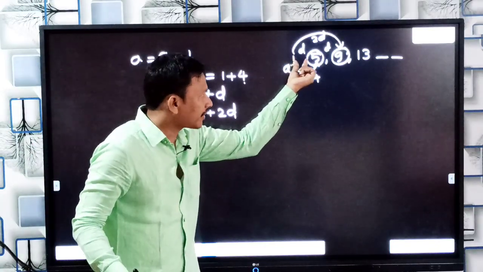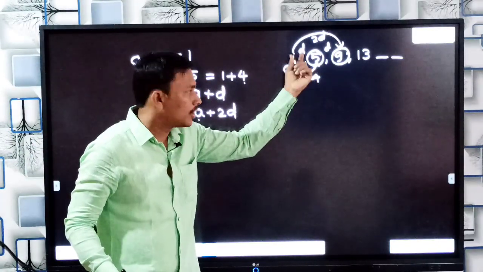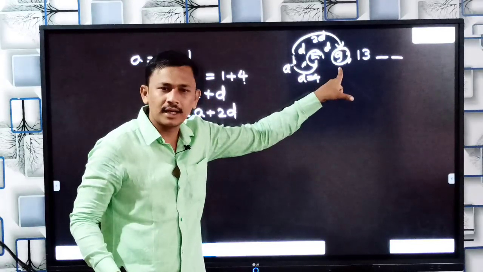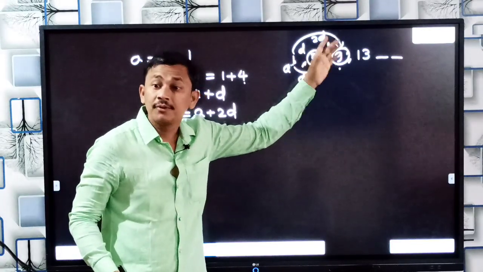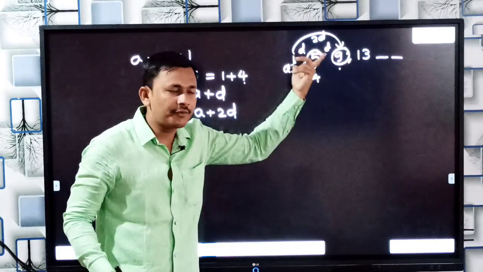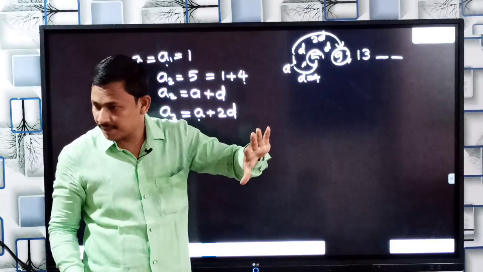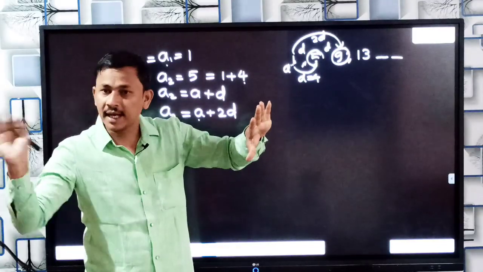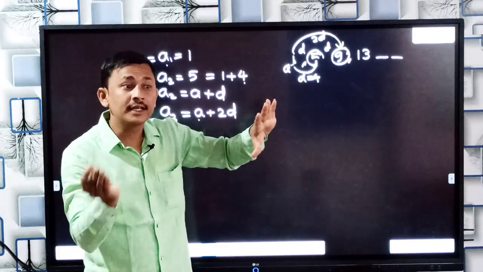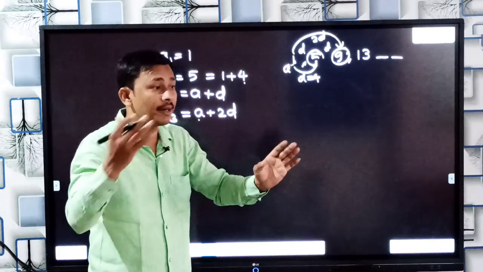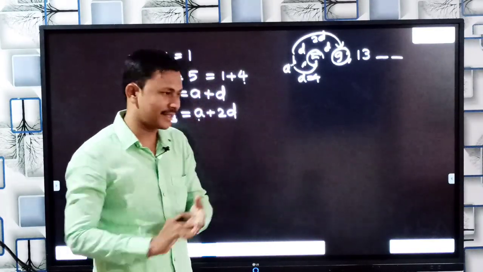If you add the first difference, you will get the second number. 2 differences, you will get the third number. 3 differences, fourth number. 4 differences, fifth number. 5 differences, sixth number. To get the nth number, we need to add n minus 1 differences.